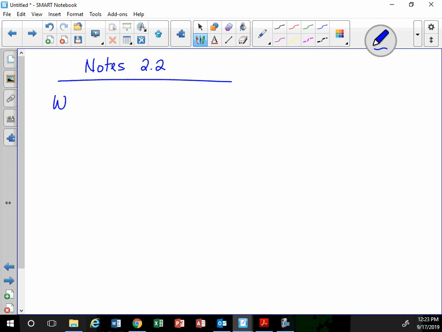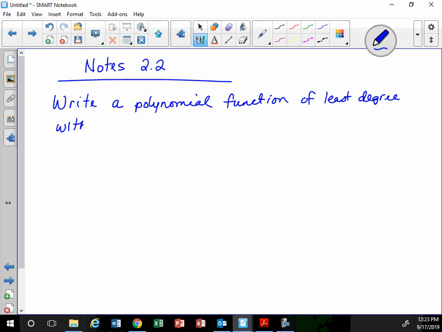All right, first thing we're going to start with, write a polynomial function. So we're back to polynomials here. Of least degree, with real coefficients, that has the given zeros.